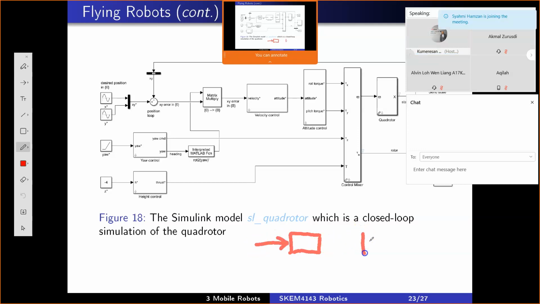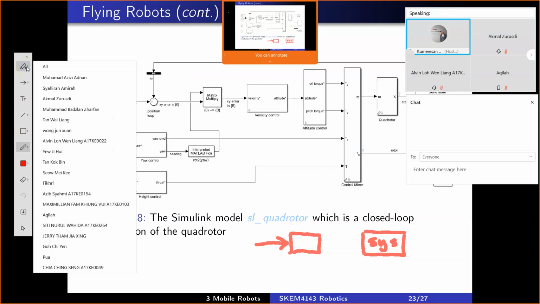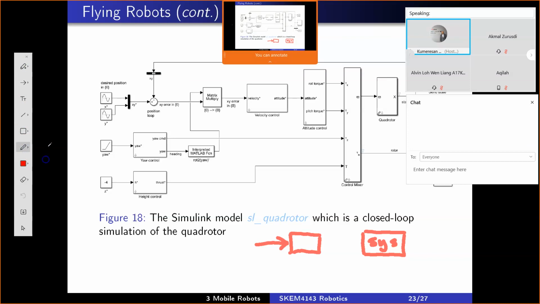So let's say this is your plant, or your system. Okay, and this is your controller.